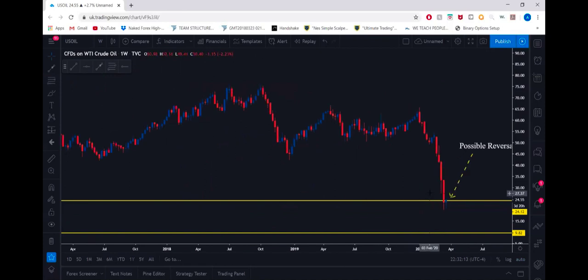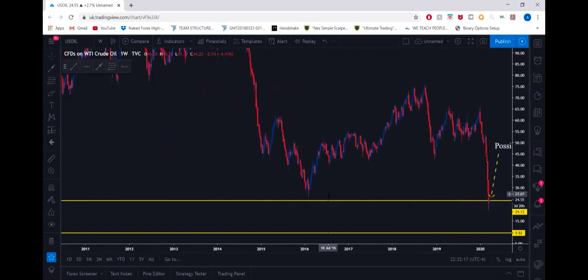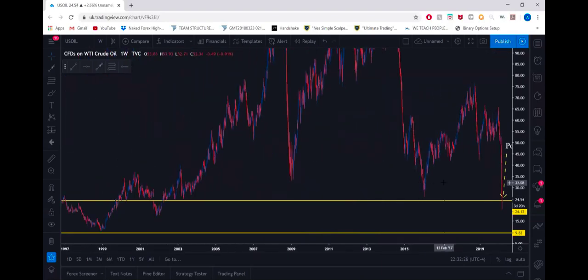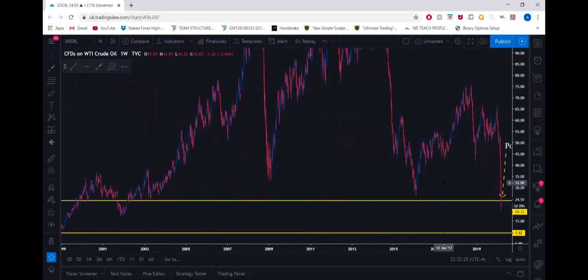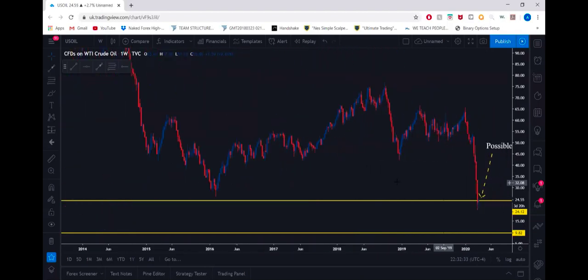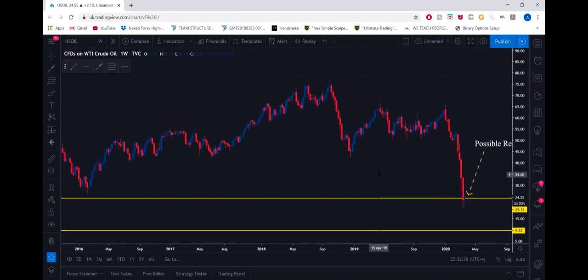We are already seeing some rejection because oil has reversed from the same price point back in February 2016. So yeah, it's March now, 4 years after. But it's a strong zone, right? It's a strong demand zone.